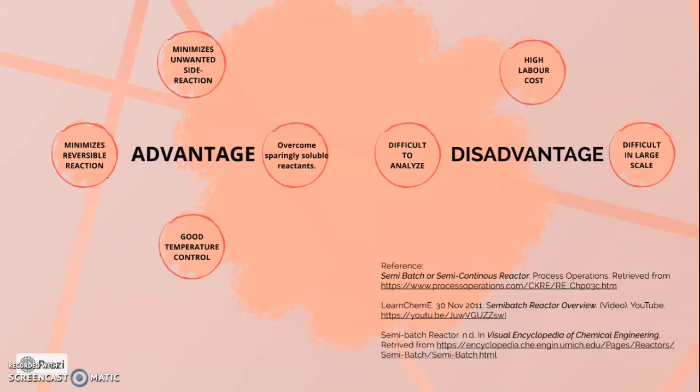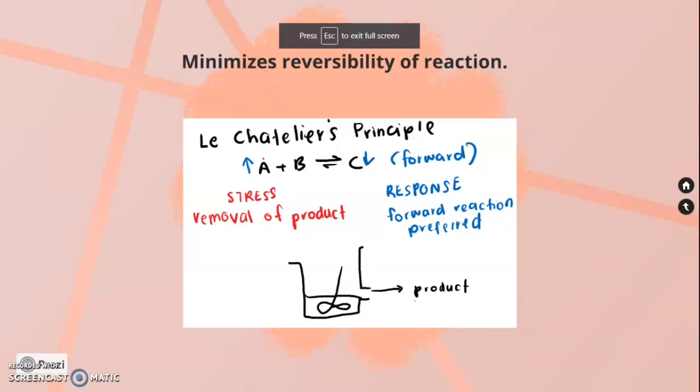Next, you can minimize reversible reaction. As we learned in Le Chatelier's principle, there will be a response in the reaction in order to overcome the stress that is in the reaction. For example, A plus B and the concentration of C is low.